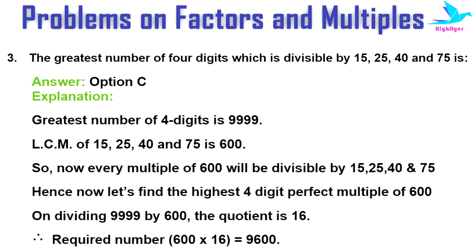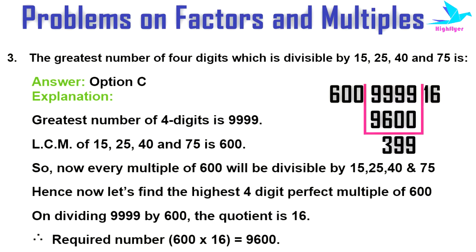And as it is given that the number is divisible by 15, 25, 40 and 75, here first we have to find the LCM or the least common multiple of 15, 25, 40 and 75, which is 600. So now every multiple of 600 will be divisible by 15, 25, 40 and 75. Hence, let's find the highest 4-digit perfect multiple of 600.